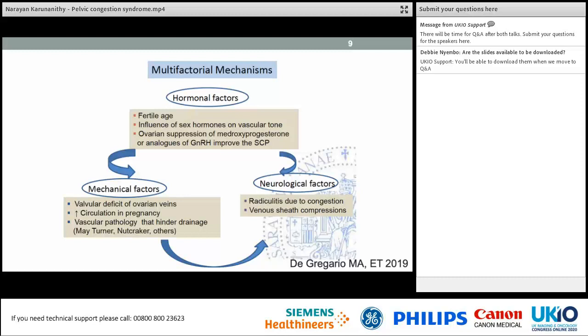As we will describe in more detail, there clearly are mechanical factors at play here which result in vascular reflux or venous reflux and possible contribution of venous compression as well.